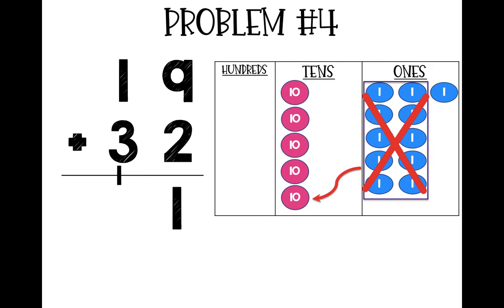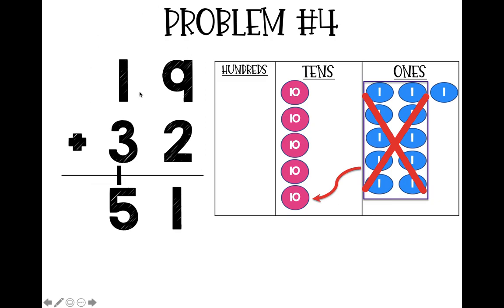Now we can look at our tens. What is 1 ten plus 3 tens? 4 tens, very good. But we need to add that new 10 as well. What is 4 tens plus 1 ten? 5 tens, very good. So we need to show 5 under the line below our tens place.